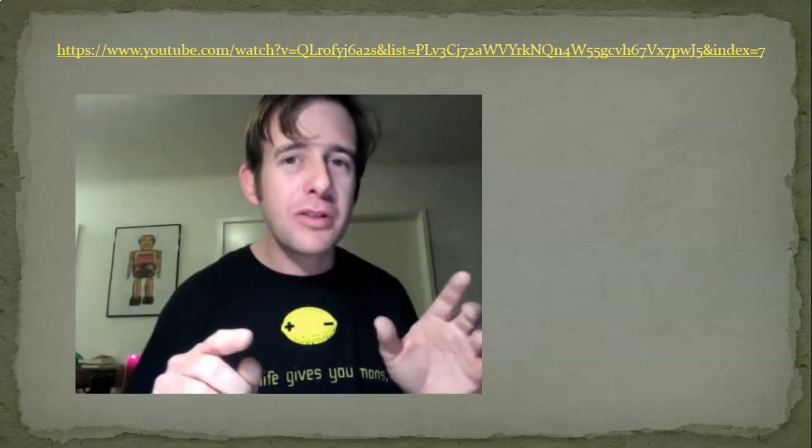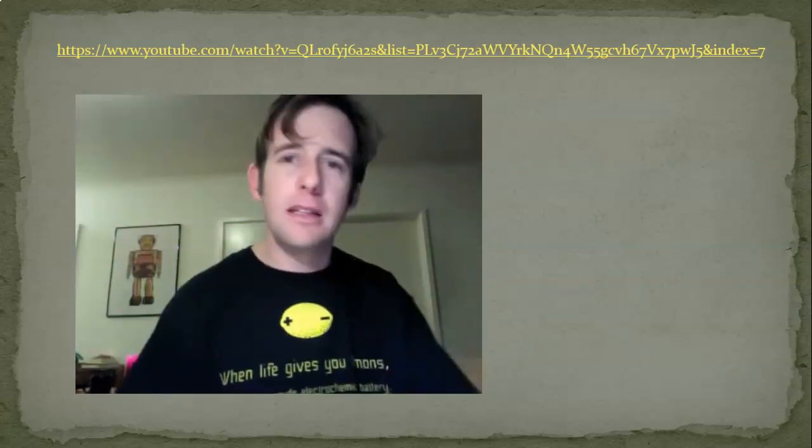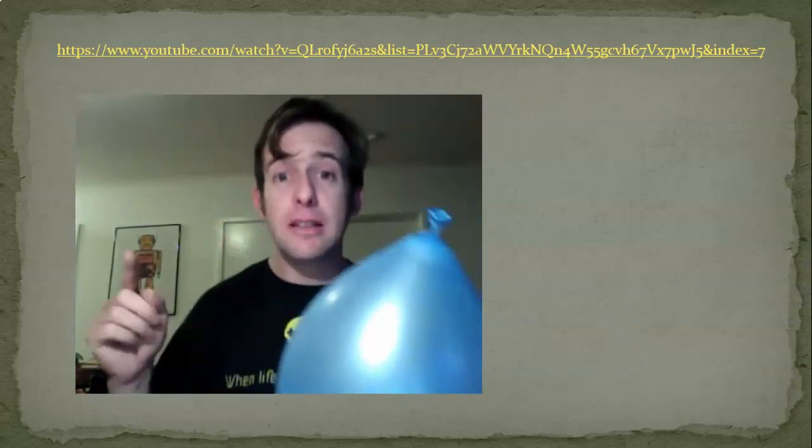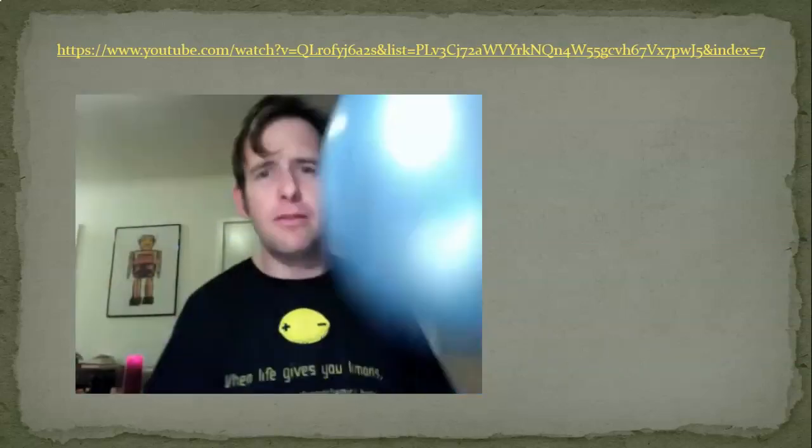Now, what would happen if we then got a gas that was denser than helium, denser than the air around us? In this balloon here, I have some xenon. Now, xenon's much denser than helium, but it's also denser than the air around us. So this balloon here will drop quite heavily. In fact, it feels strangely heavy.